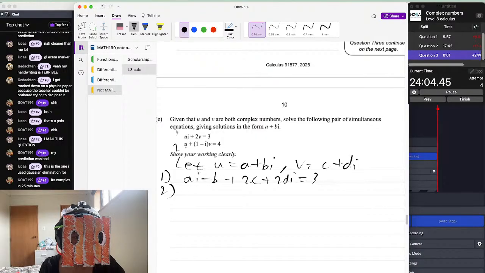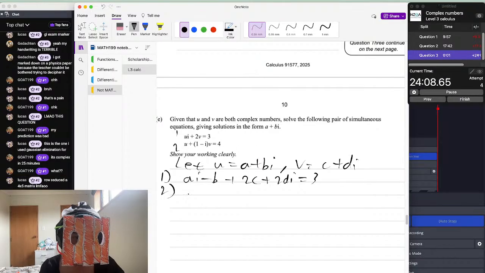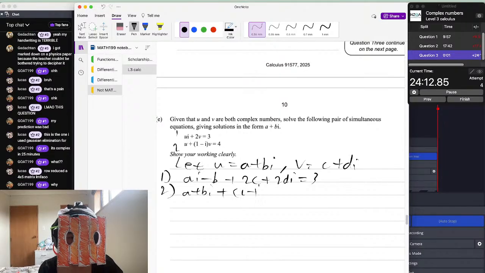And that one is u equals a plus bi plus 1 minus i, c plus di.